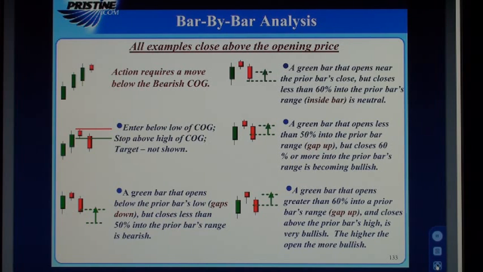In the middle right, we have a green bar that opens less than 50% into the prior bar's range, in other words a gap up, but closes 60% or more into the prior bar's range. This is now becoming bullish, and it's suggesting that prices can move up and potentially take out our stop.